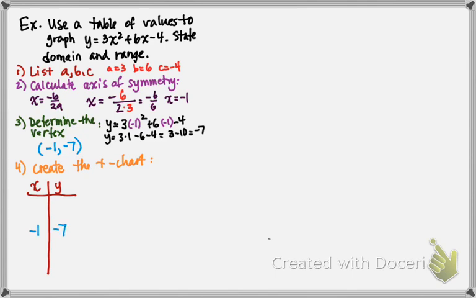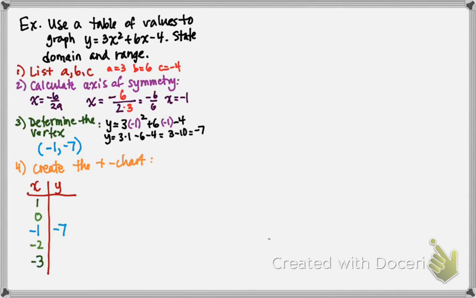Okay, so 1 higher than negative 1 would be 0. 1 lower than negative 1 would be negative 2. 2 higher than negative 1 would be 1, and 2 lower than negative 1, or 1 lower than negative 2, I get negative 3. I'm just creeping by 1 each of these x's.